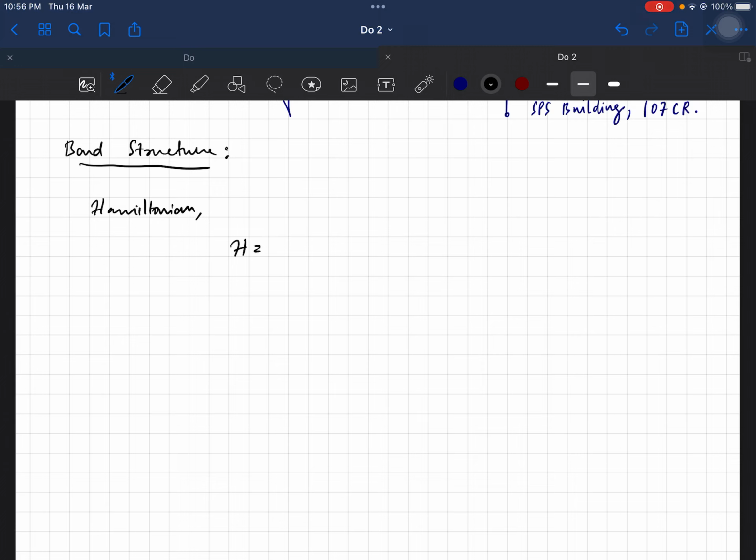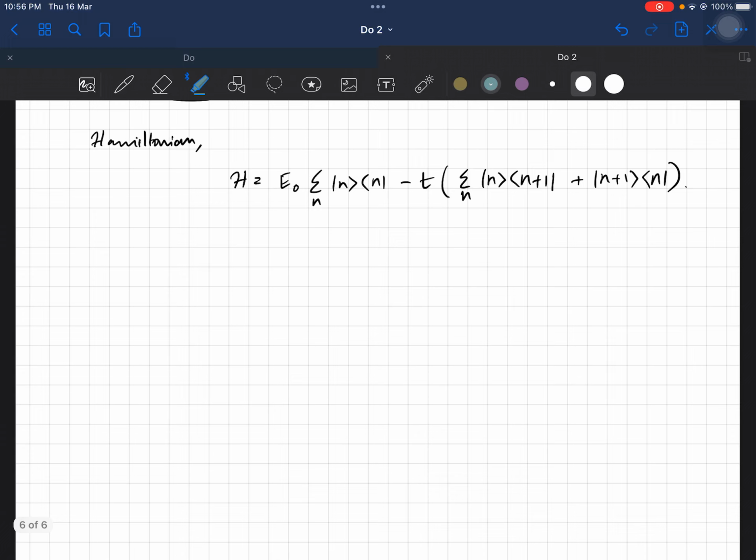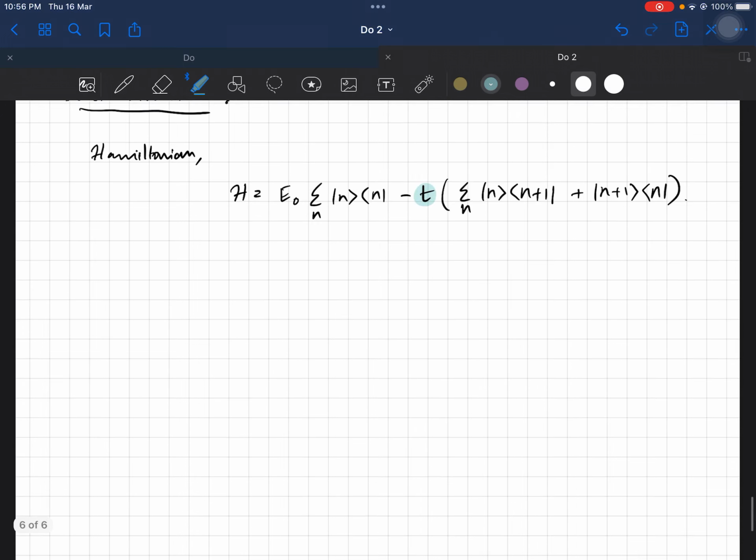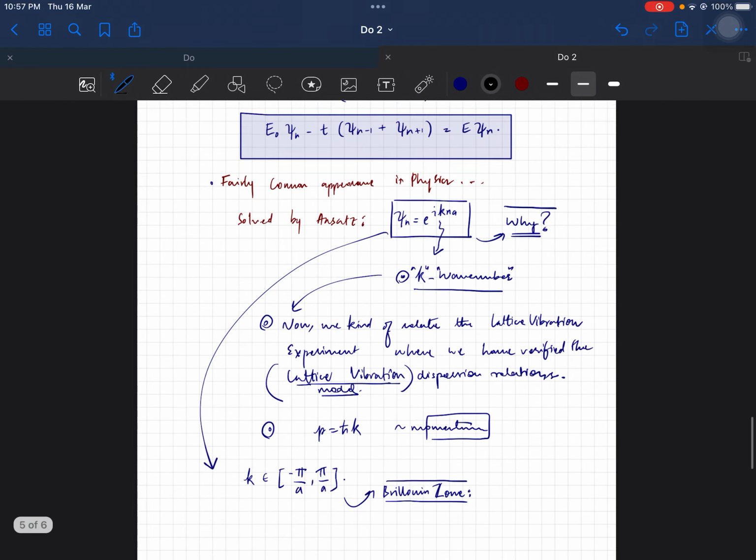The Hamiltonian, which was essentially E naught summation over n, minus t summation over n plus 1, n plus 1 n. Yeah, so the important part of that session was identifying these parts.